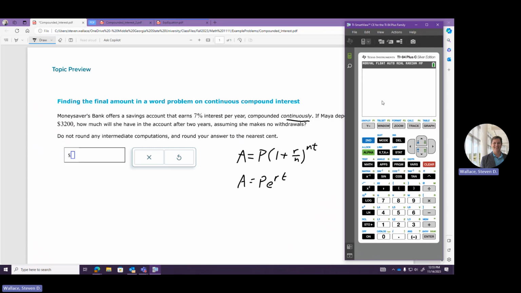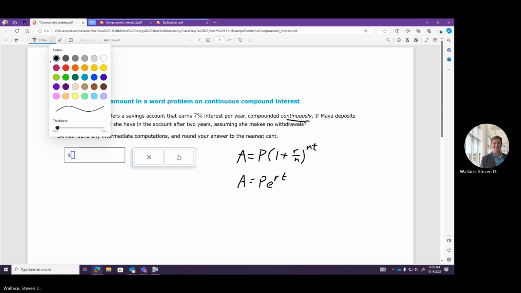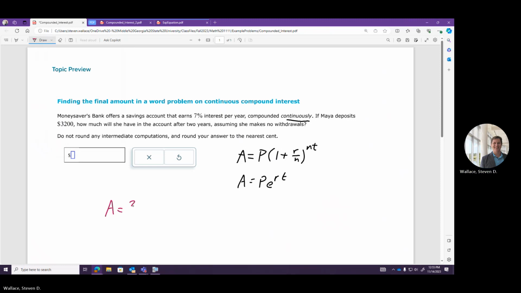There it is. Okay. So we're going to be putting all the numbers in we know. A, which we don't know, 3,200, which we do, then e, which is a number that's in our calculator, r, which is 0.07, because that's what 7% is as a decimal, times 2, and all that has to be in our exponent.